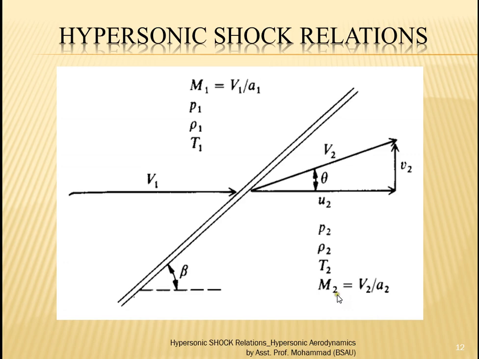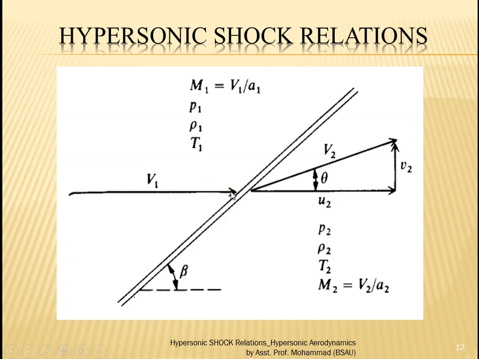In this case, we are also treating the velocity, but with a little different concept: the velocity on the upstream side we are not resolving, we are just keeping it as it is. The downstream velocity on the right hand side, we resolve in two mutually perpendicular directions: one along the upstream velocity itself, and the other perpendicular or normal to the upstream velocity.